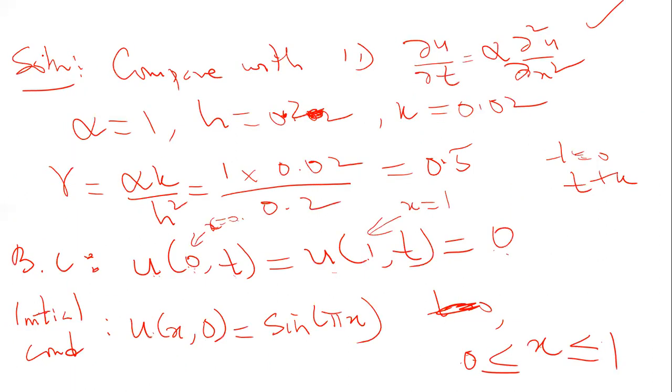So let us find out sine pi x. u(x, 0) equals sine pi x for all values of x at t equal to 0. Now start with x equal to 0.